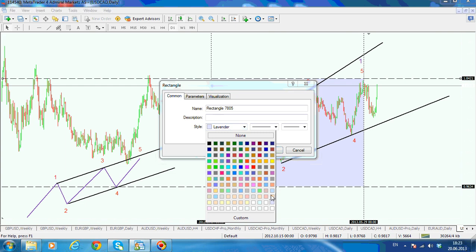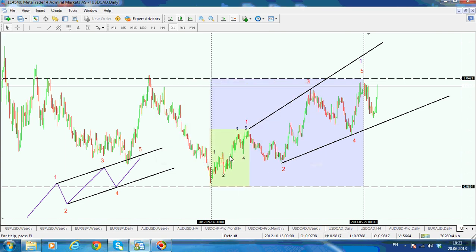So let's write here that this is a nice impulsive move, or maybe a smaller leading diagonal, more likely a small leading diagonal of a lower degree.